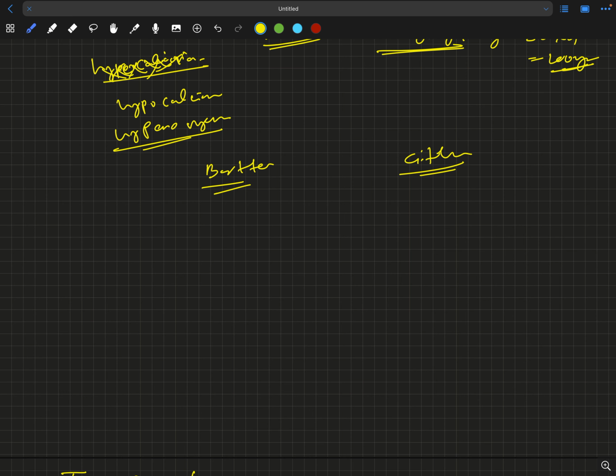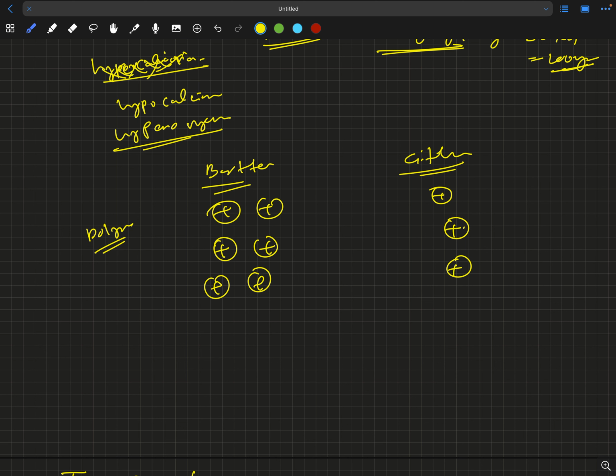Polyuria is more severe in Bartter, less severe in Gitelman. Polydipsia is more severe in Bartter, less severe in Gitelman. Dehydration, more severe in Bartter, less severe in Gitelman. Growth retardation is more in Bartter, less in Gitelman. Maternal polyhydramnios is also seen in Bartter. Salt and water depletion is more in Bartter, less in Gitelman.